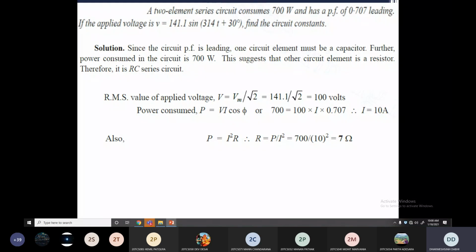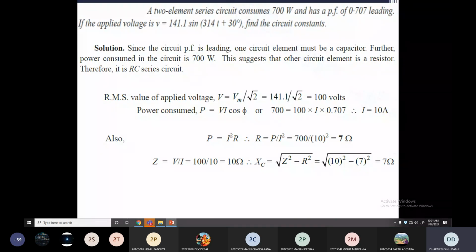So Z is equal to what? 10 ohm. Clear? Now from the equation of impedance you find out XC, the capacitive reactance. That is the square root of Z square minus R square. Clear? Z is 10, R is 7. So XC is 7 ohm.